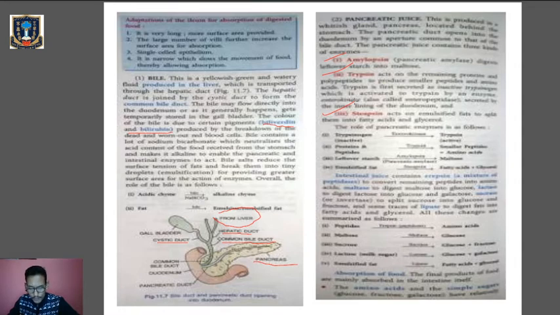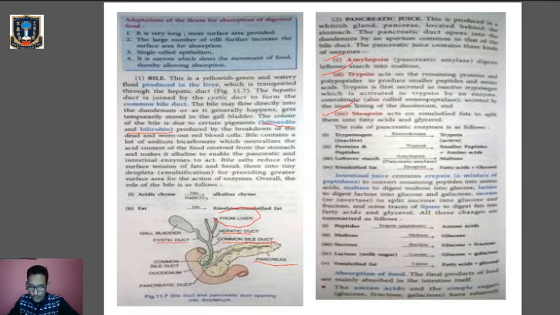Then trypsin will act on the remaining proteins and polypeptides to produce smaller peptides and amino acids. And like pepsin, trypsin is first synthesized as inactive trypsinogen and is converted to active trypsin by the enzyme called enterokinase.